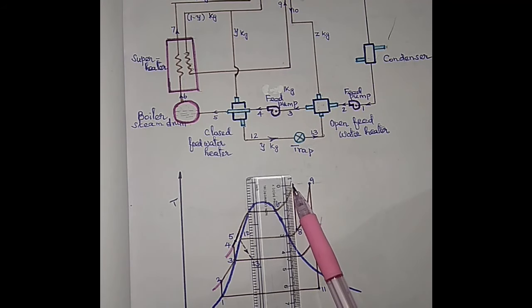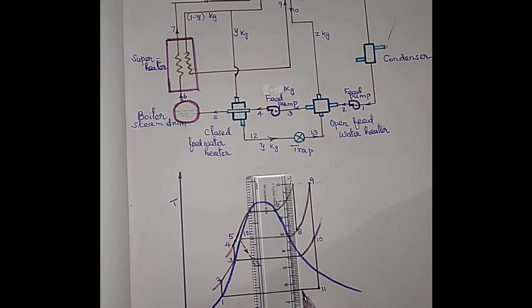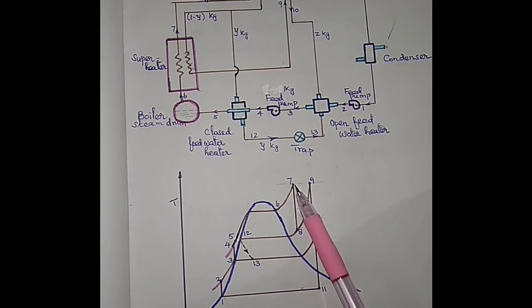From here, the steam would have expanded to this point. Okay. So what is the work done in this case? It is H7 minus H11 dash. Let us take this one, H11 dash.